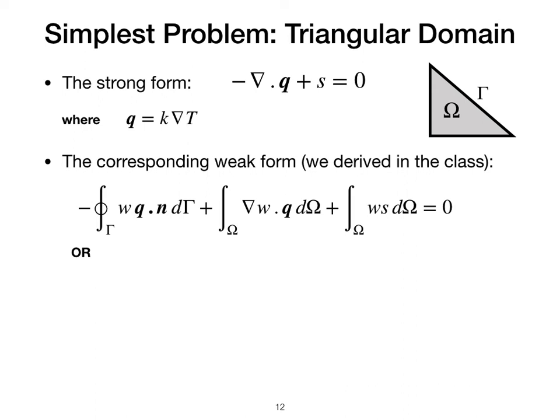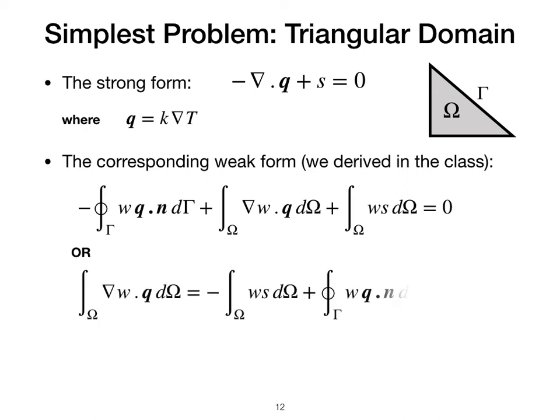Or we can rewrite the above equation as gradient of w dot q integrated over the whole domain equal to minus w times s integrated over the whole domain plus w q dot n integrated over the whole boundary.